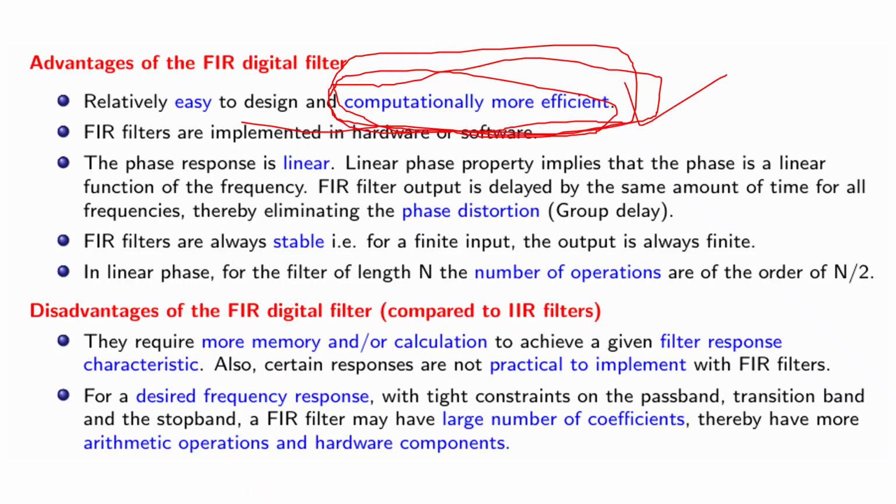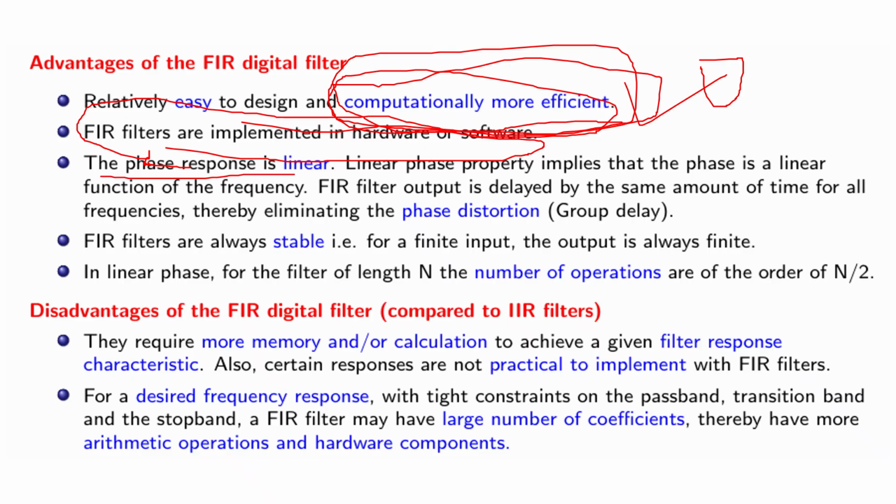If there are more numbers between two frequencies, then of course the computation will be very high, and since we are considering a finite number, it will be very easy to design the filter, right? FIR filters are implemented in hardware or software. Implementation of your FIR is very easy because the number of impulse responses is fixed, finite.